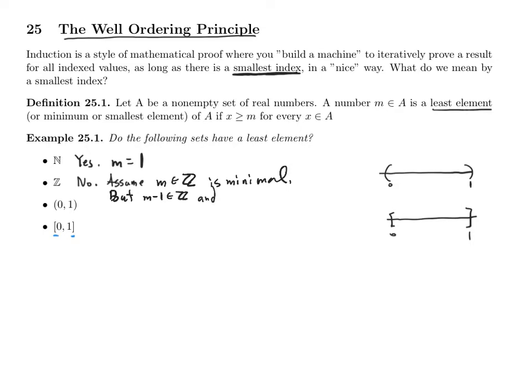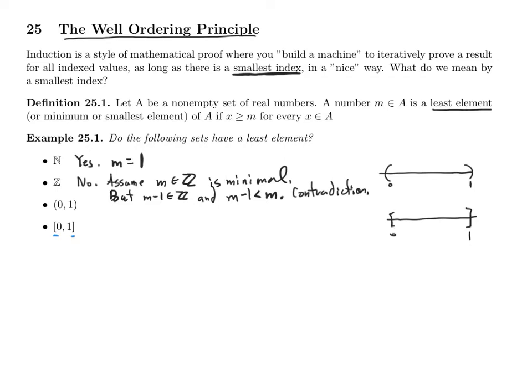And it's true that m minus 1 is indeed less than what we said our minimum was, m. So this is a contradiction. So m is not minimal because we found something smaller than it.